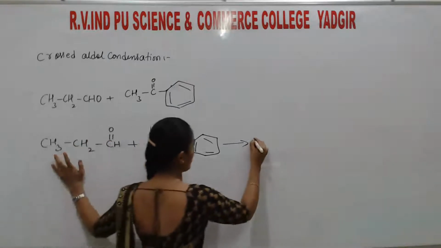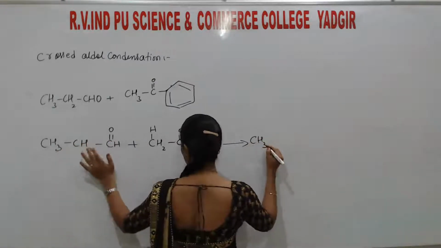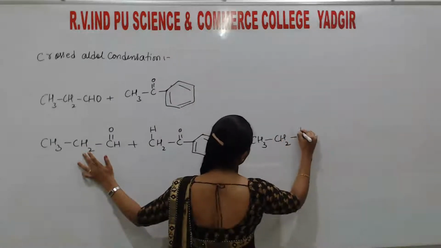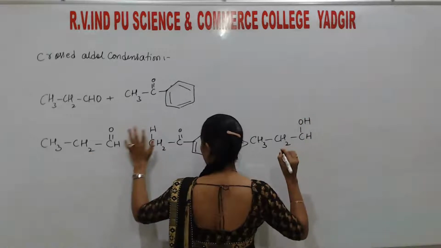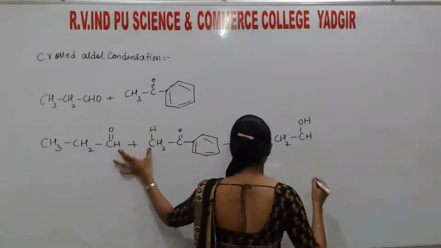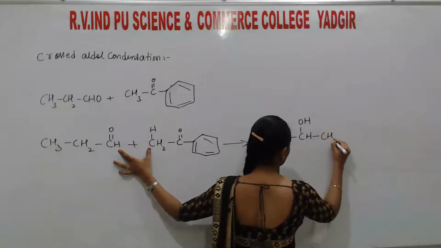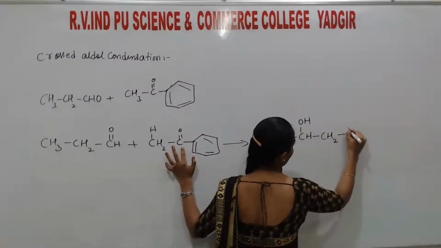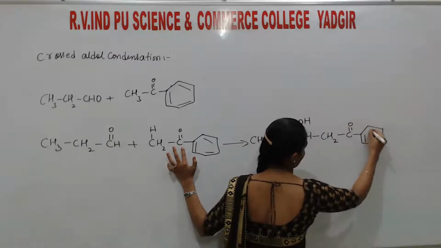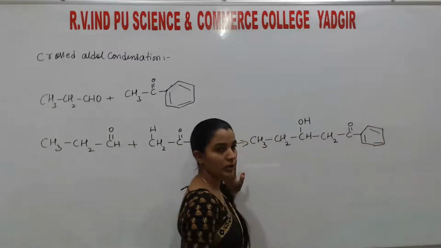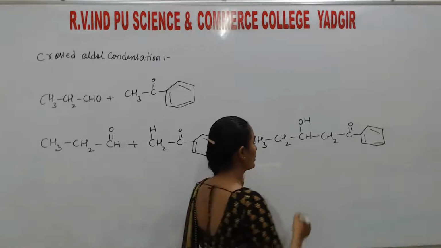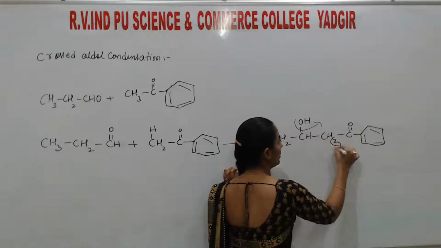So here this one is common, CH3. This is also common, CH2. Here it becomes CH, and here it is OH. Why? Because this H combined with this O, and these two are bonded with each other. That is CH2, and this is C double bond O. Okay, so then of course what happens? Condensation means removal of a water molecule from here and here.